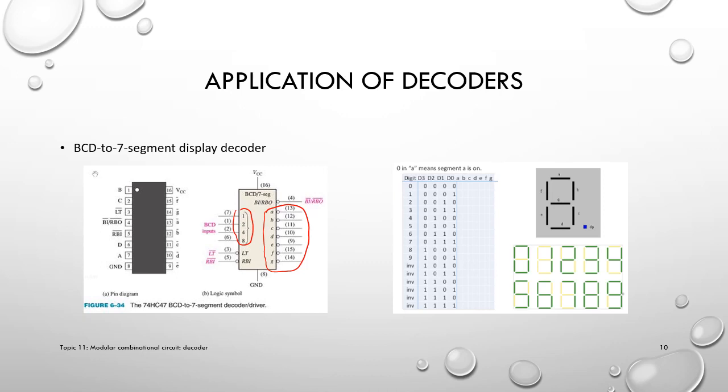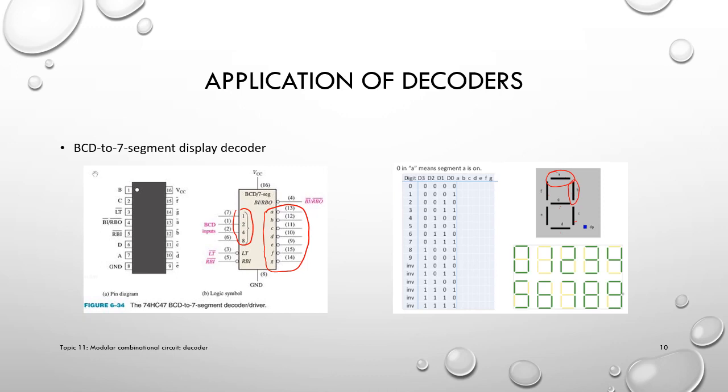Okay, and a little about the display. It's called 7-segment because it's composed of 7 LEDs, starting from here: A, B, C, D, E, F, G. So 7 small pieces of LED there, and in most cases these LEDs are active low.